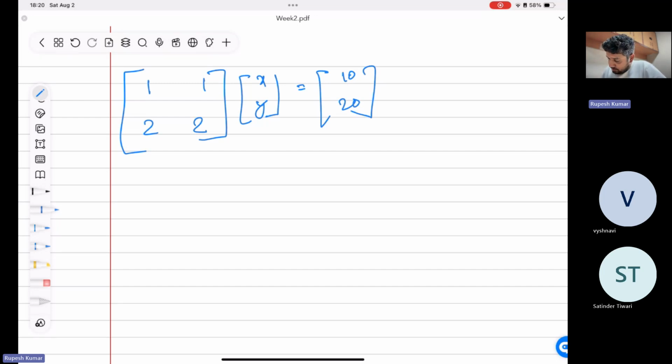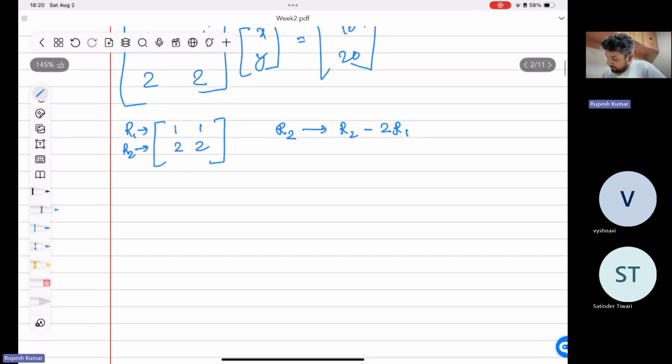So let's look at the matrix A, 1, 1, 2, 2, right? So let's perform some row operations. So let's say this is our row 1 and this is row 2, right? Let's replace our row 2 with row 2 minus 2 times row 1, right? And we get our matrix 1, 1 and 0, 0.